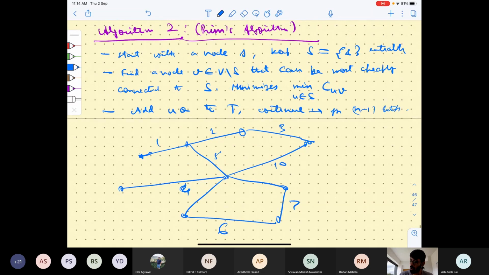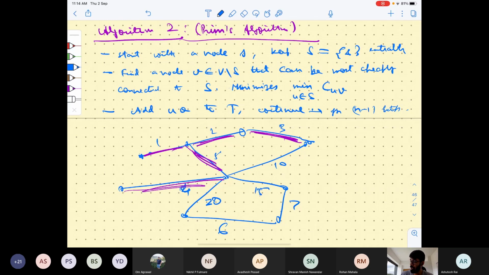Now suppose you start with Kruskal's. Then Kruskal's will first add this edge, then it will add this edge, then this edge, then this edge. I didn't put any value on these two, so let's call it 20 and let's call it 15.